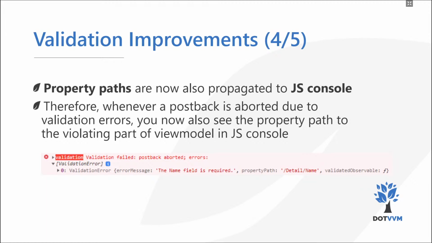So for example, if there are some validation errors sent to the client, or basically displayed in the JavaScript console for any reason, you would now get not only the error message, but as you can see, there is also this property path, which in this case is telling us that at root view model there needs to be a property called detail, and this property has a child property called name, and that's basically the violating property.